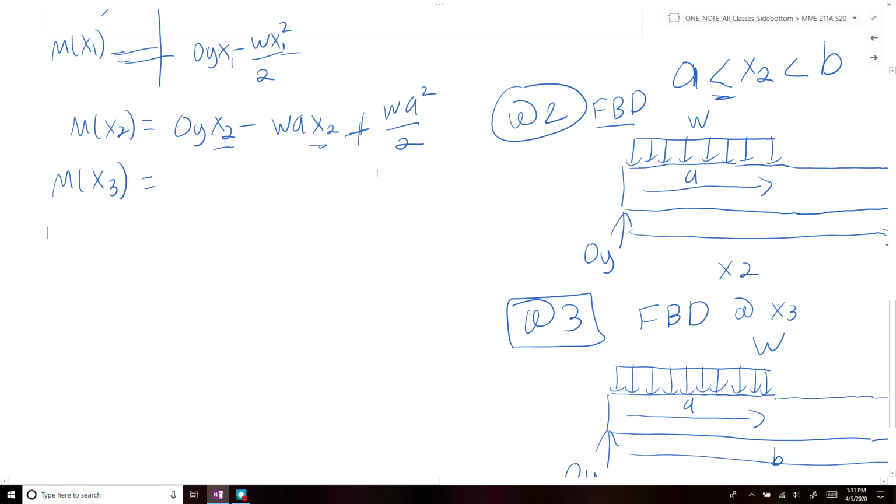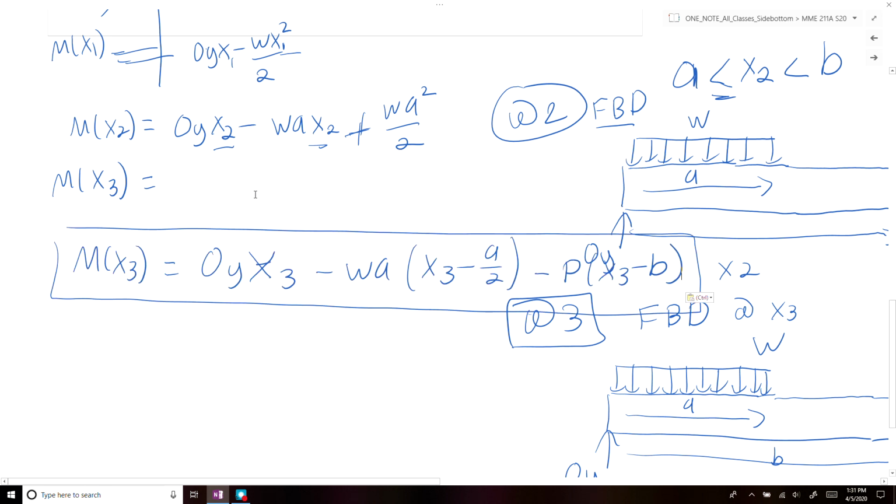Anyhow, we get O of y times x3 minus WA times x3 minus a over 2 minus P times x3 minus b, for our function here.